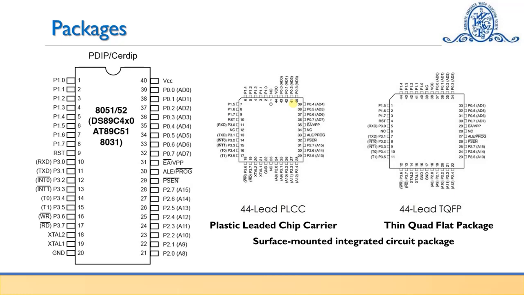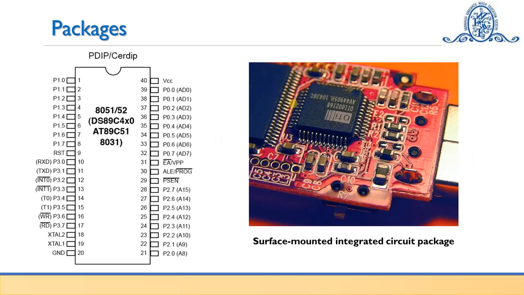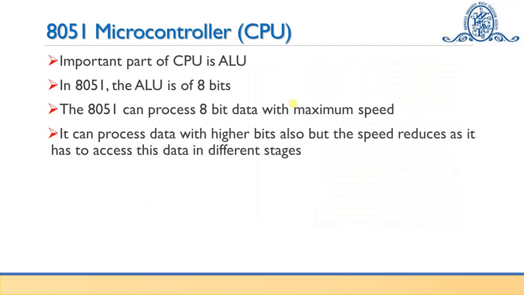The first package is DIP package, and then this same chip is also available in the PLCC, plastic leaded chip carrier package, or it is also available in TQFP, thin quad flat package. These are the surface mounted integrated circuit packages, and then these look like this. So this is the actual IC which will be looking like this. So this is the surface mounted integrated circuit package.